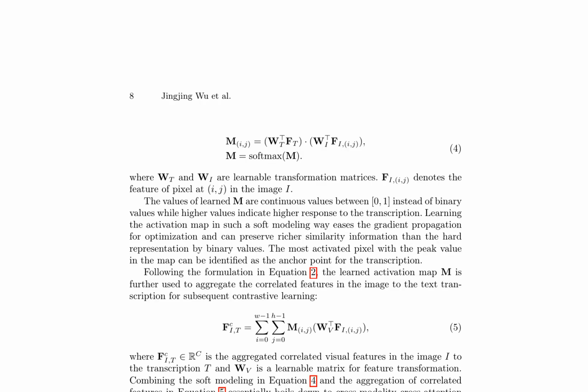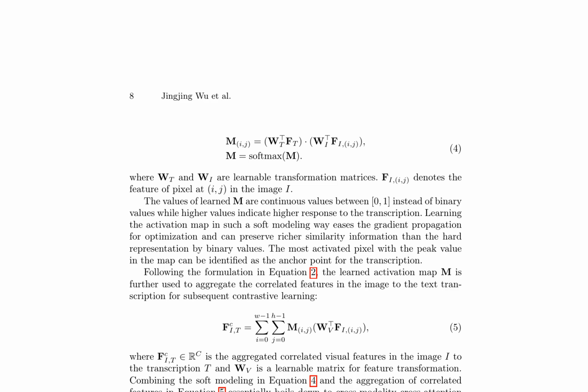The WeCromCL framework, a cross-modality contrastive learning model, leverages image-text pairs to enhance visual and textual feature learning. It introduces a novel method for learning activation maps that highlight image regions relevant to their textual descriptions through a soft modeling approach. This approach utilizes learnable transformation matrices, resulting in continuous values between 0 and 1, indicating higher response to the transcription.